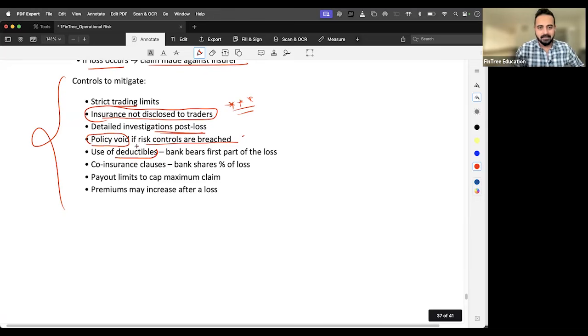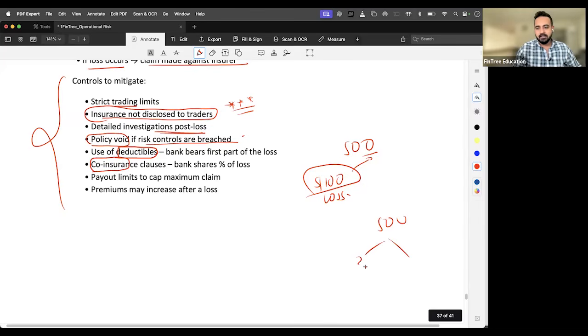Then deductibles. Deductibles means if your loss is 500 million, the first $100 million of losses will always be borne by the bank. Anything after that would be borne by the insurance company. Or co-insurance. Co-insurance basically says if there's a loss of 500, you absorb 250, I will absorb 250. You as in the bank absorb 250, and the insurance company absorbs 250.